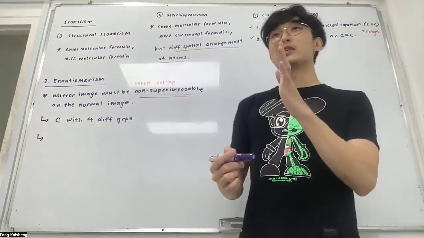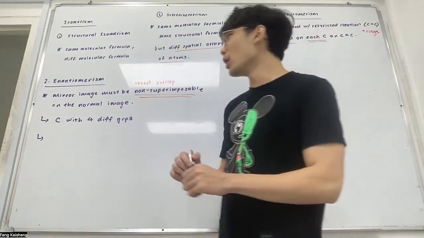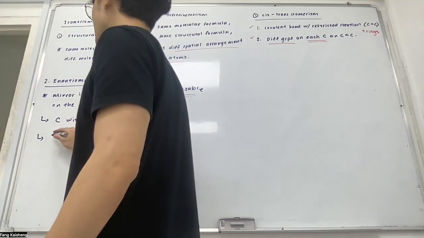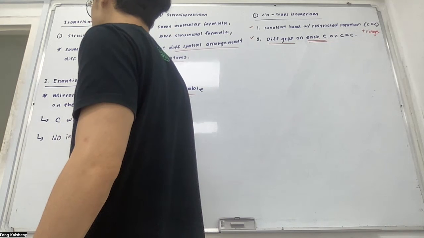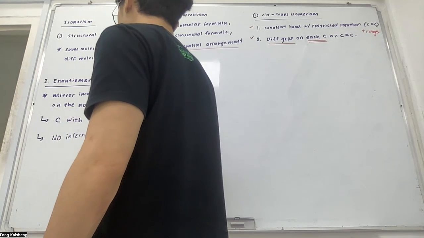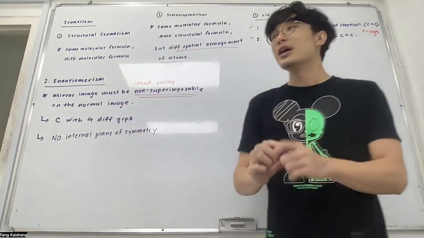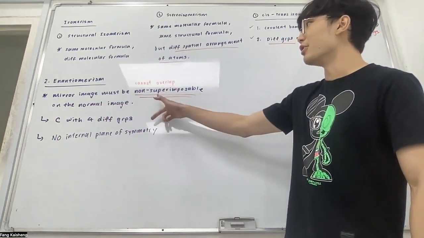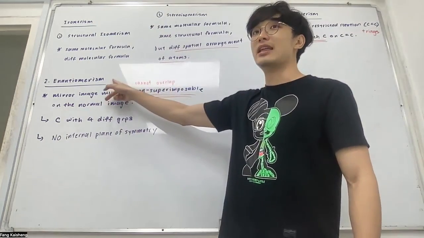It may end up as superimposable. More importantly, the carbon must have 4 different groups and there should be no internal plane of symmetry. I'm sure you can see why already, because I already discussed that. Anytime an object is symmetrical, the normal image and the mirror image can overlap perfectly, which is not what I want in order to be an enantiomer.